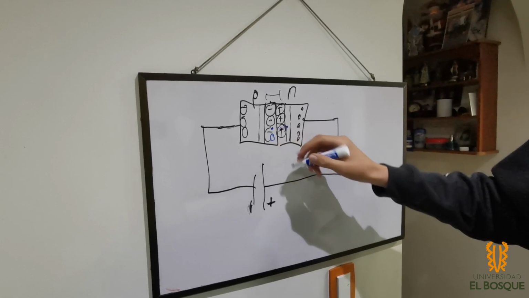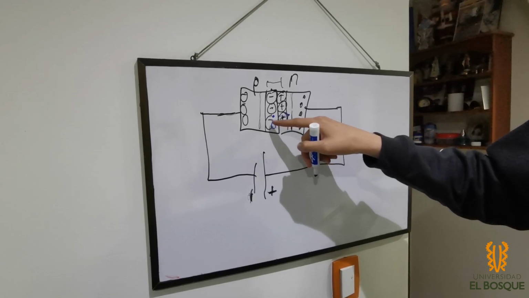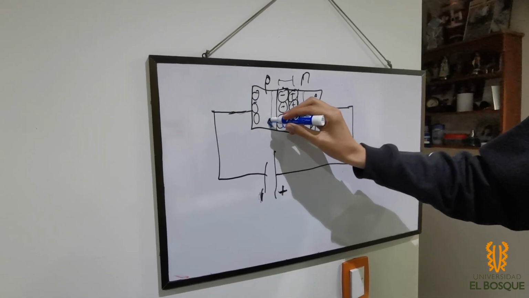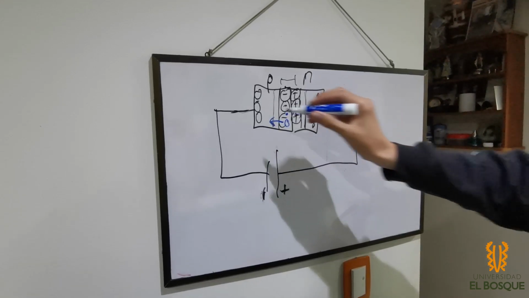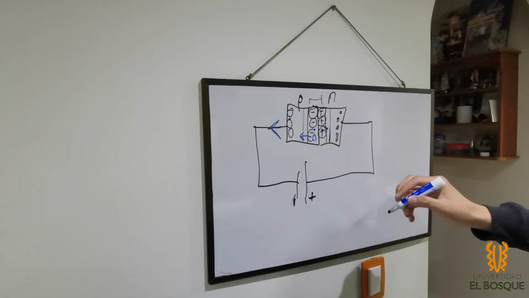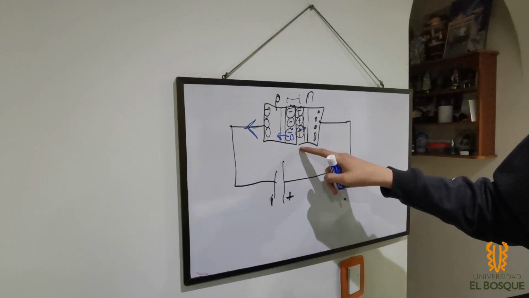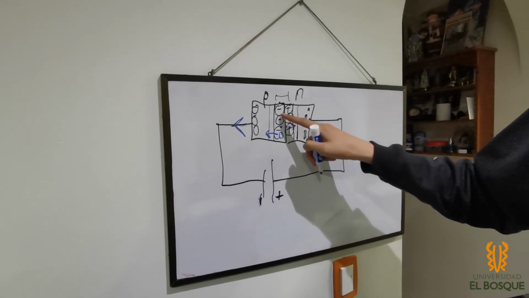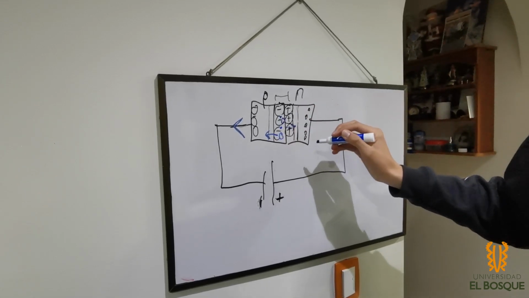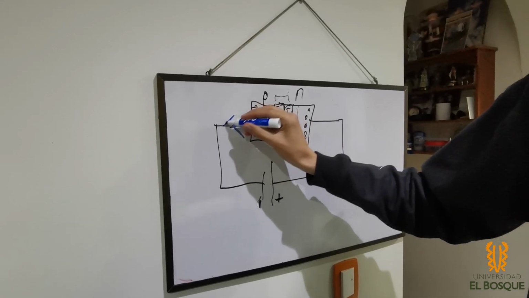Similarly, the hole is going to be rejected from this side and attracted to this negative charge, making the hole go to this side, producing a current to the left. More photons and energy will produce more electrons and holes, so more brightness of the light means more current.